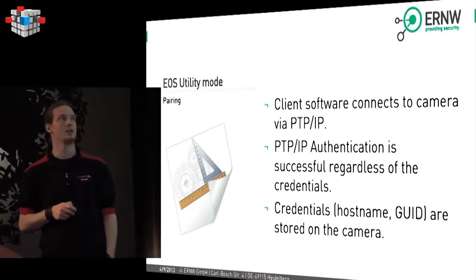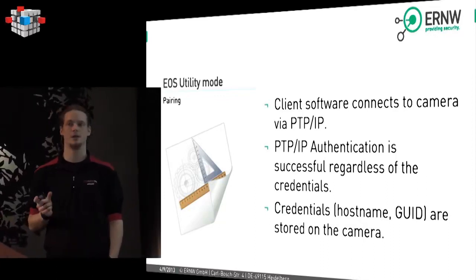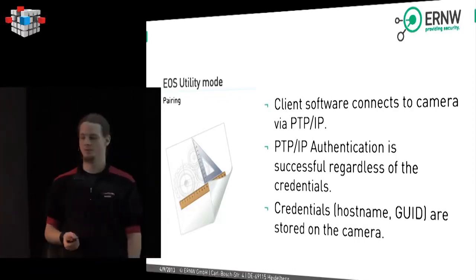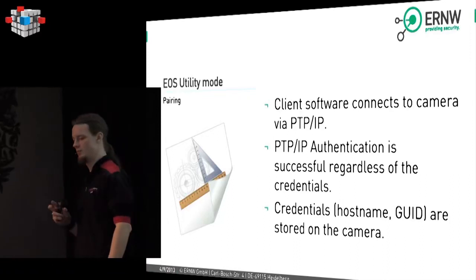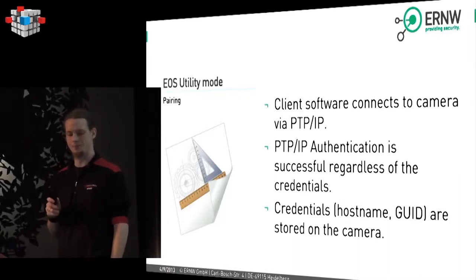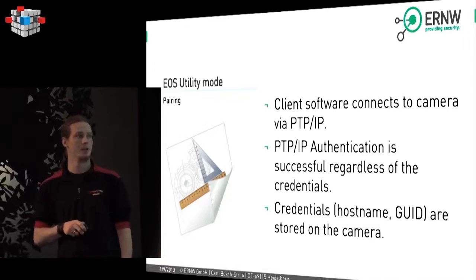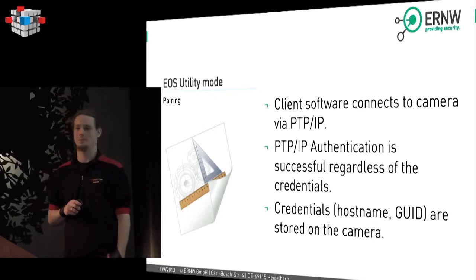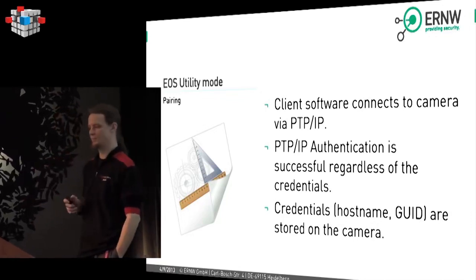And the authentication in the pairing state of the camera is successful, regardless of the credentials. They're just saved and stored somewhere on the camera. The authentication data is named here, which should be the host name and some magic GUID.